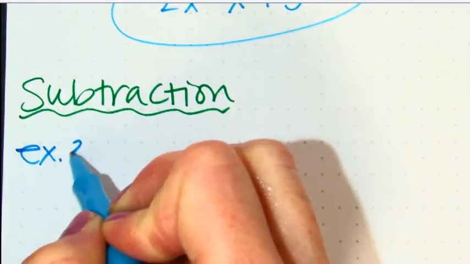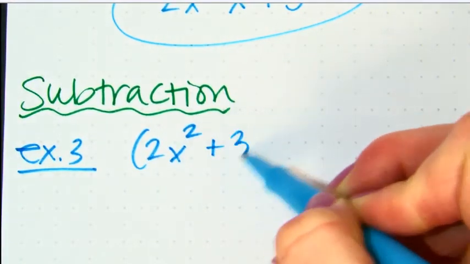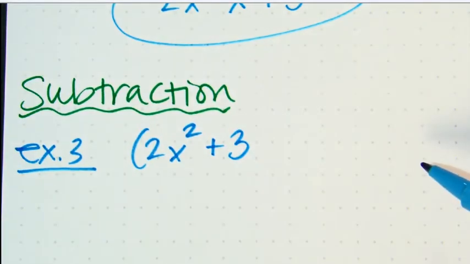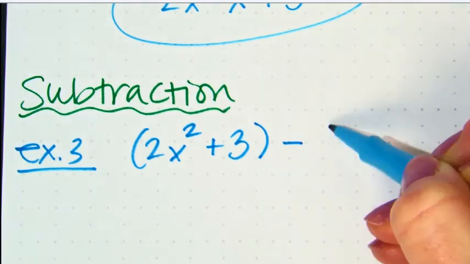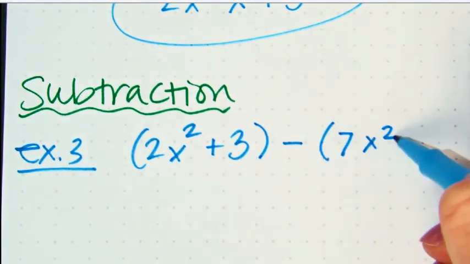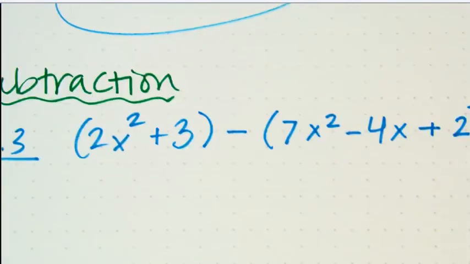So example 3 is 2x squared plus 3 minus 7x squared minus 4x plus 2.